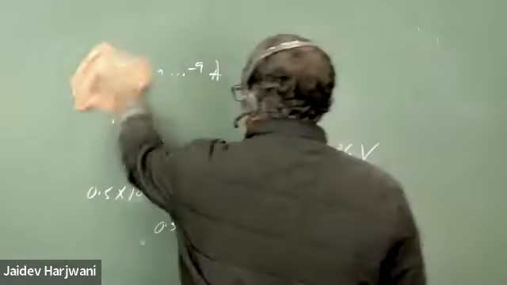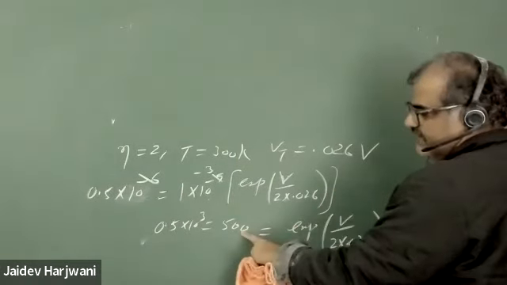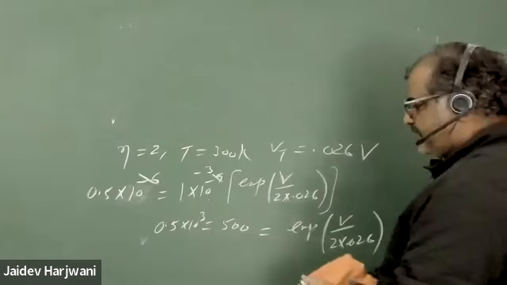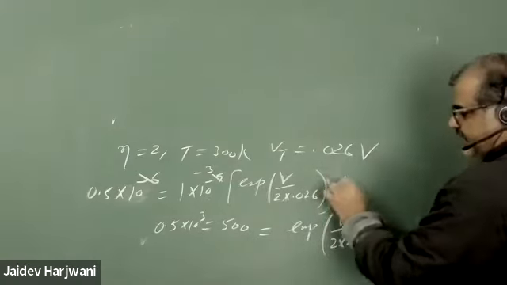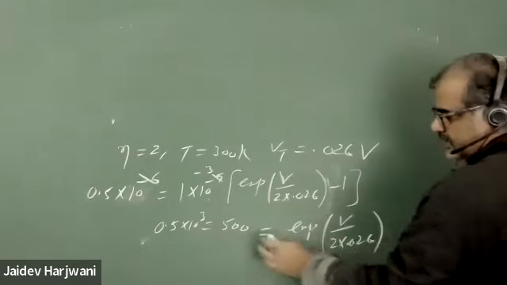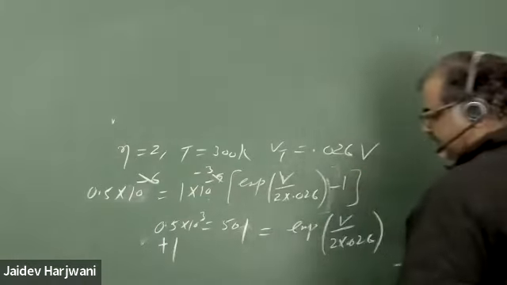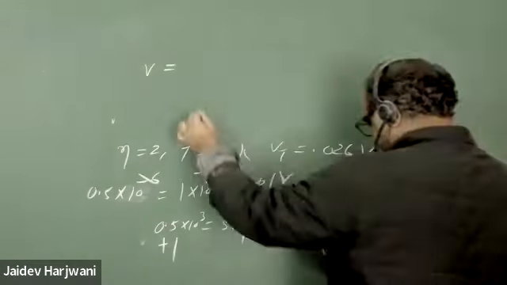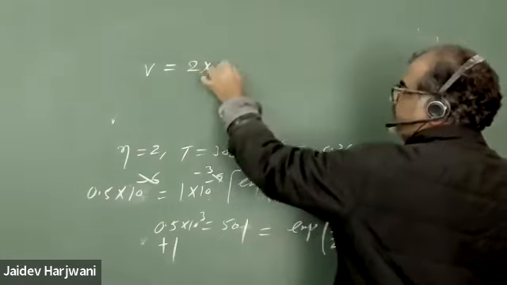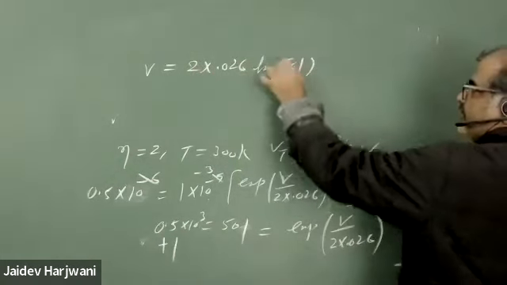If you keep the 1 also here, then this becomes 501. Are you getting my point? That will not affect much; there is not much difference. So you want V, and your V will be 2 into 0.026 ln 501.